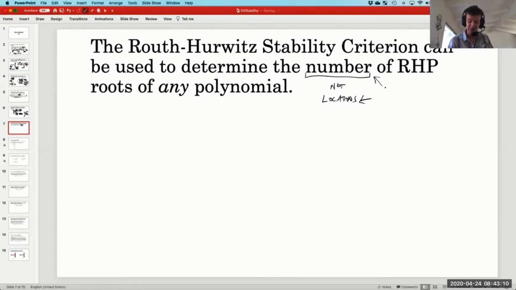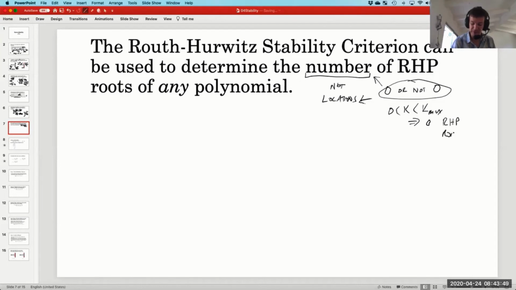We are mostly concerned with, is this 0 or not 0? Right, Routh-Hurwitz promises a little bit more, and can be used for a little bit more, but for engineers, this is the primary question. Is there anything in the right half plane or not? Taking that one step further, using the Routh-Hurwitz criterion on polynomials with variable coefficients, we can say what range of those coefficients, so 0 less than k less than k max, will imply 0 right half plane roots.